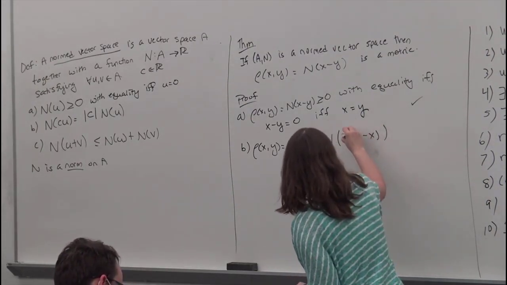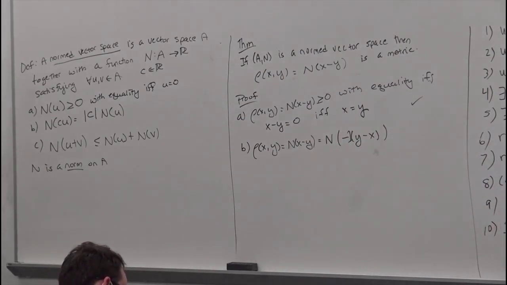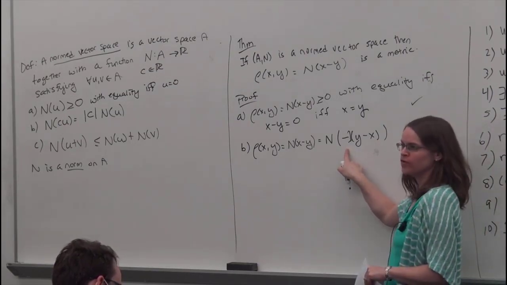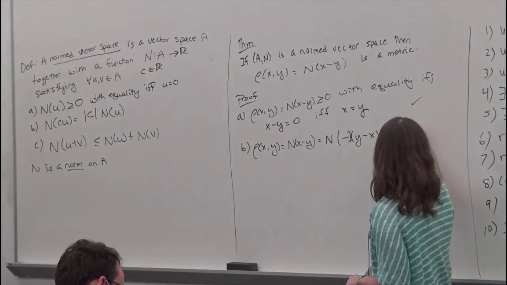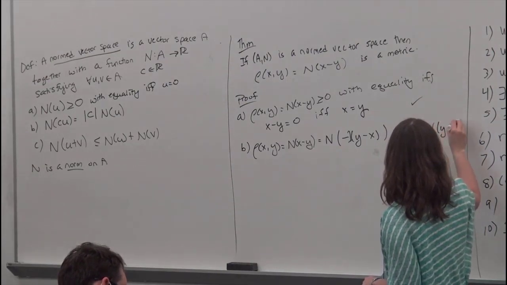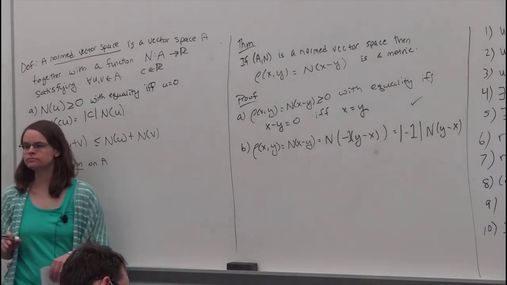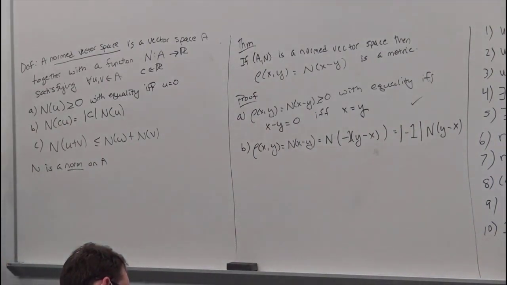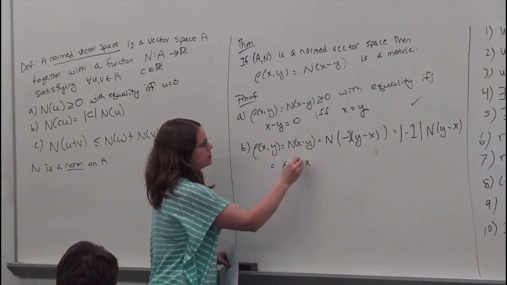In fact, I'll write it explicitly as minus 1 times y minus x. And the property of a norm is I can pull this constant out in absolute value. So this is the absolute value of minus 1 times the norm of y minus x, which indeed lets me swap the order of these inputs.